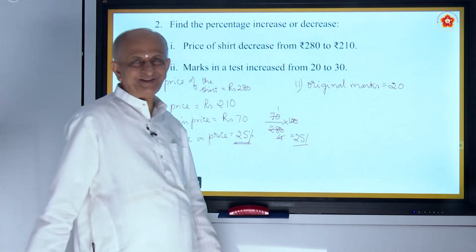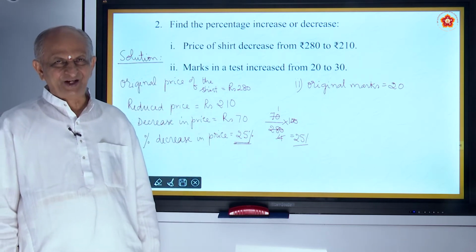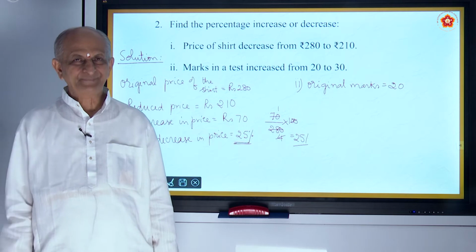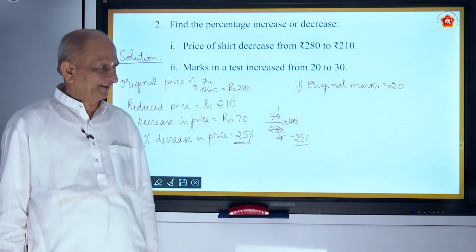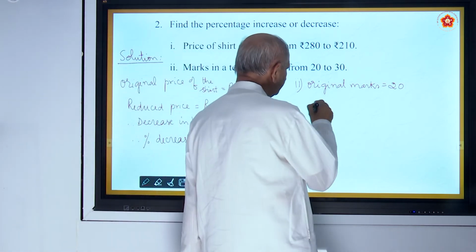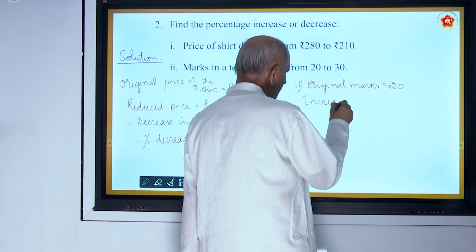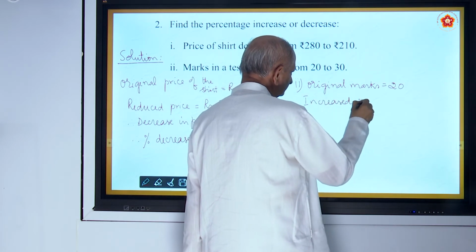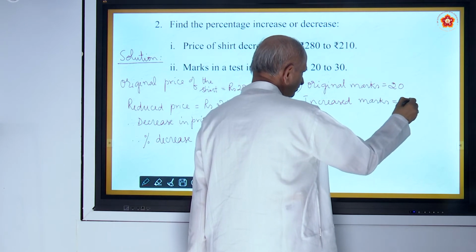How many of you are increasing marks from the first test to the second test, or first exam to second exam? So many are there. Good. You have to increase, correct? So original marks is 20. Increased marks, so it was 20, increased to 30.